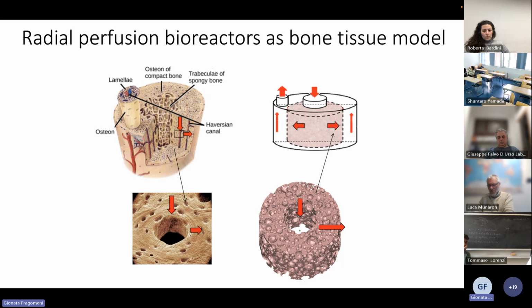The vascular system in the bone is very complex and very difficult to reproduce.